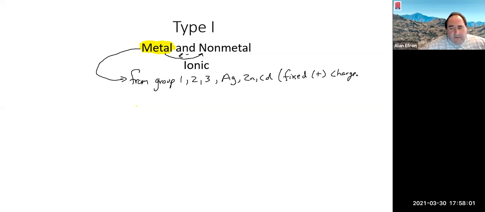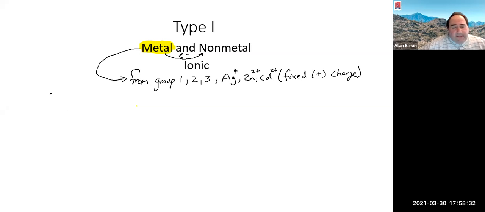Everybody in group 1 is +1, everybody in group 2 is +2, everybody in group 3 is +3, including silver, which is +1, zinc, which is +2, and cadmium, which is +2 as well. So when you have a metal and non-metal, and you can identify the metal as being from group 1, 2, or 3, or zinc, cadmium, or silver, it is classified as a type 1 compound.